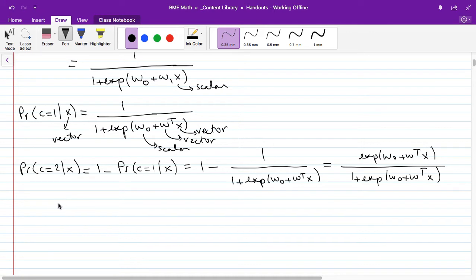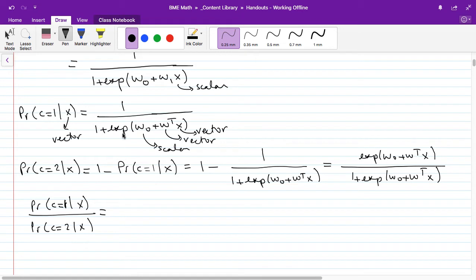And if I now write the probability of class 1 given x to the probability of class 2 given x, the probability of class 1 is this logistic function, and the probability of class 2 is this.